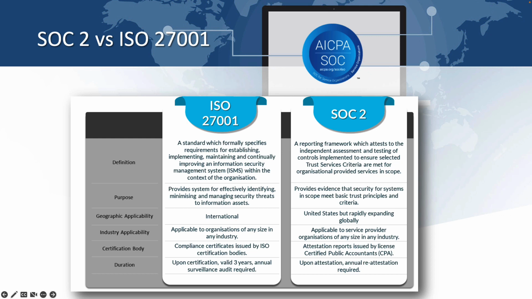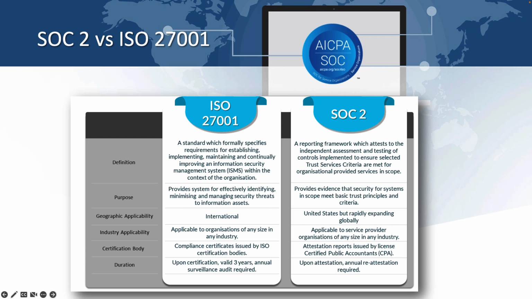From the industry perspective, ISO is applicable to any organization in any industry. SOC 2 is applicable to service providers, mainly SaaS providers that actually handle data of the public or their clients.